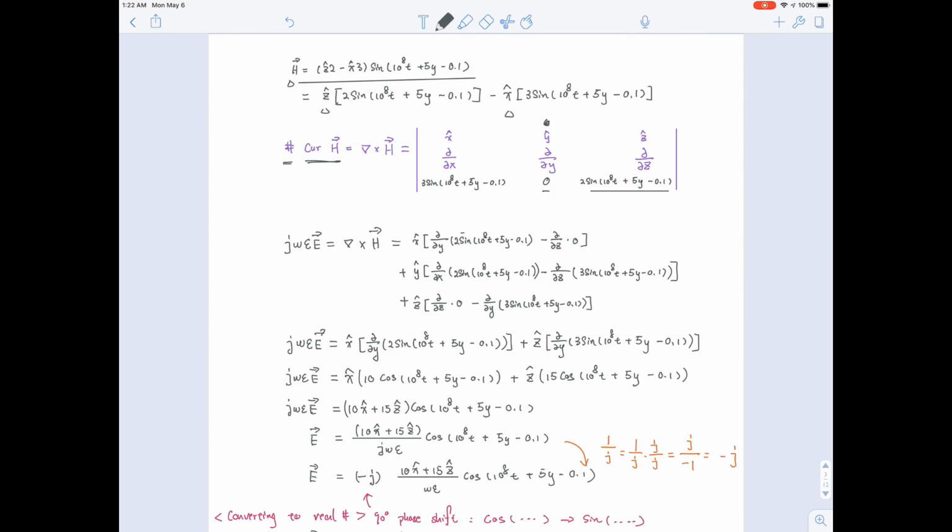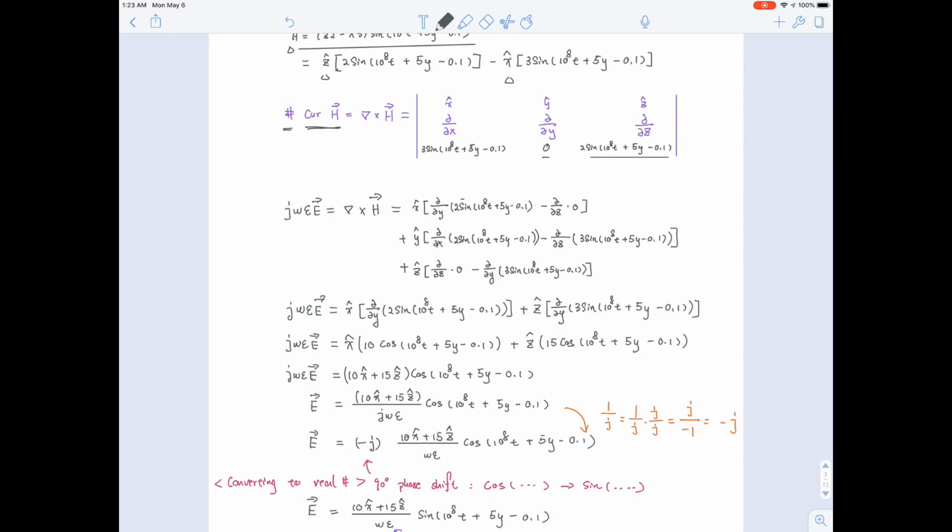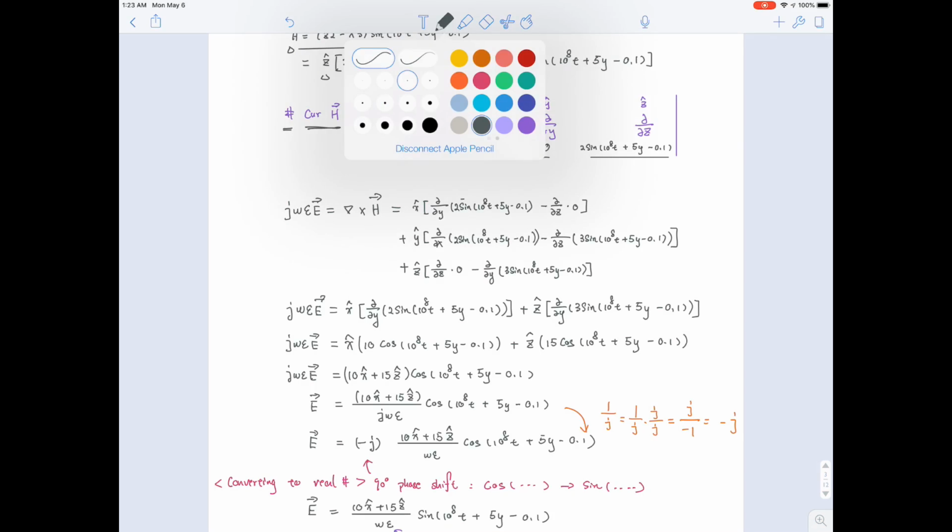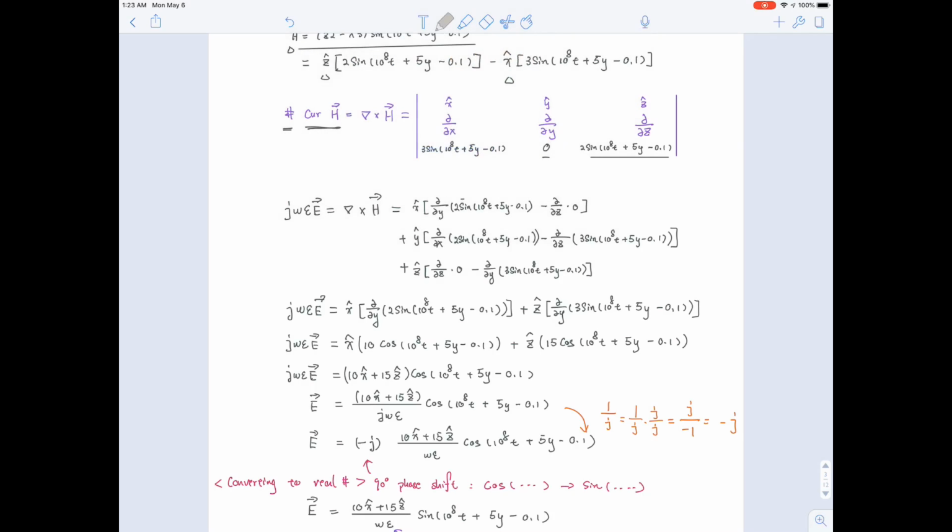And the last one we're going to do is the z component. This would be the derivative of x minus the derivative of y on this term, and this would give us this component. After simplifying it a little bit, we can find out that this goes to 0.